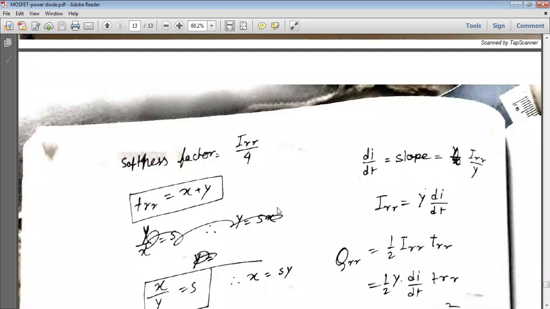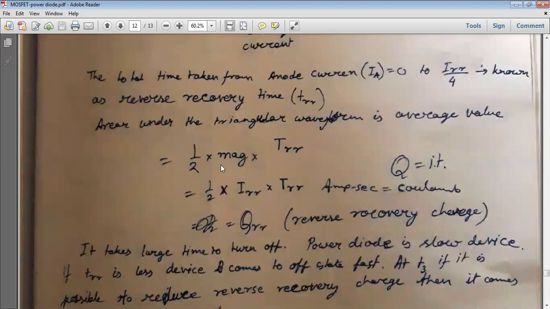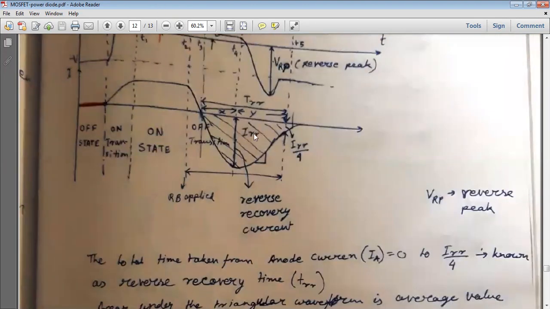So as we were discussing, this is a triangle, and if I want to get the slope of this portion, what is the triangle's slope?